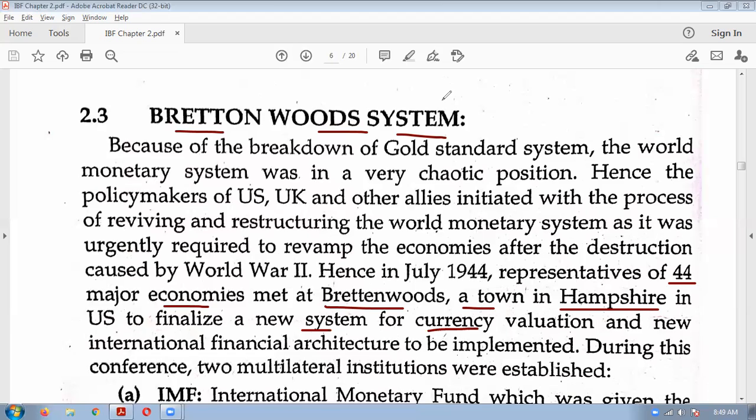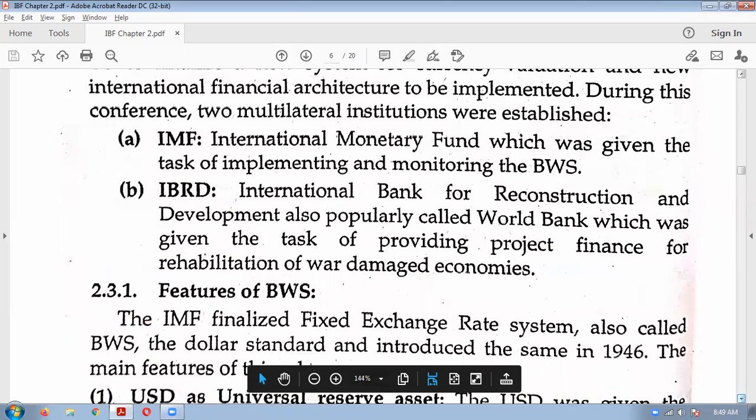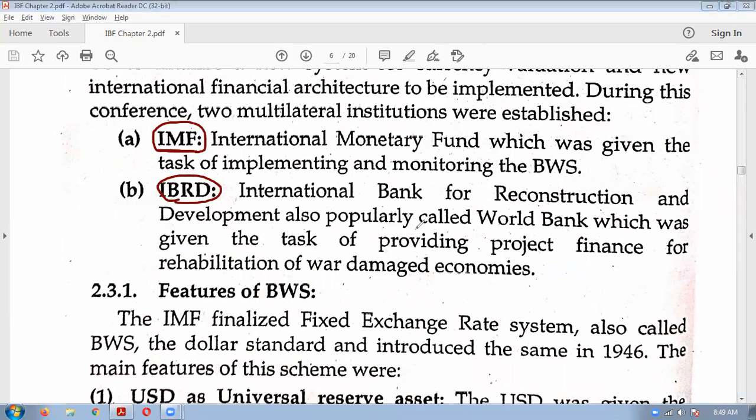And along with that, two major institutions were established in this conference. One is the International Monetary Fund, and another is the IBRD, International Bank for Reconstruction and Development, popularly called the World Bank, which is a bank which finances the underdeveloped countries for their development activities.